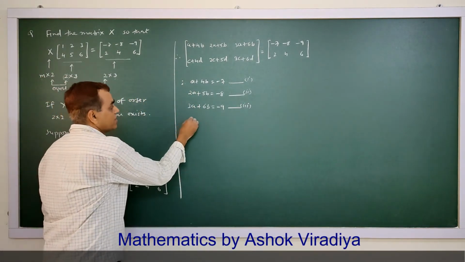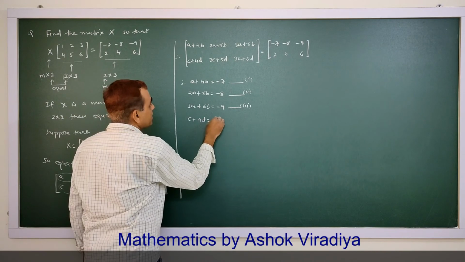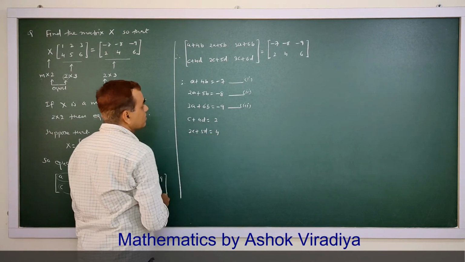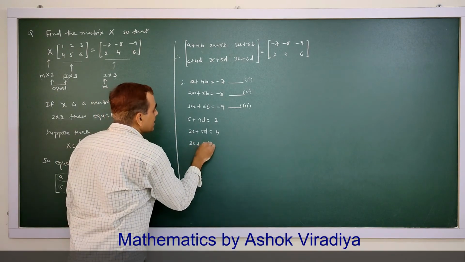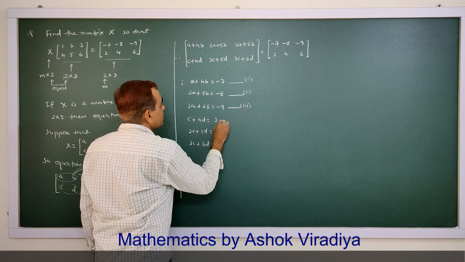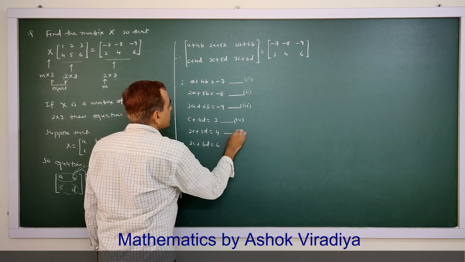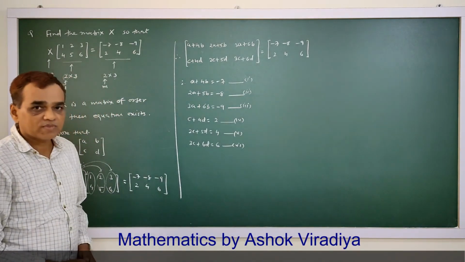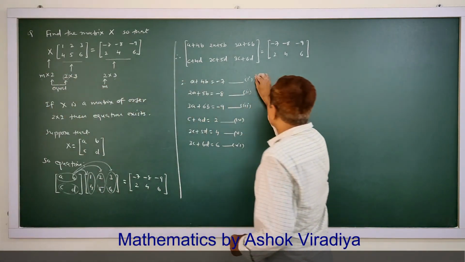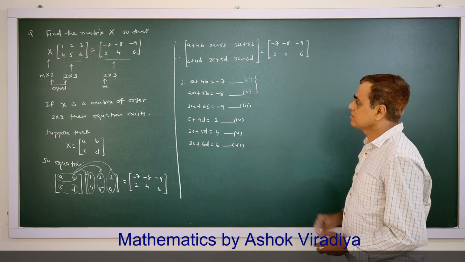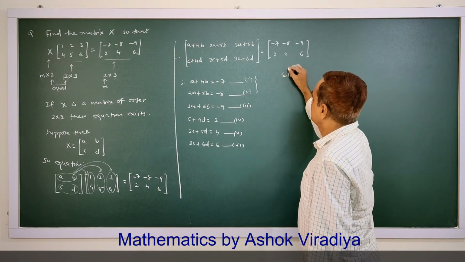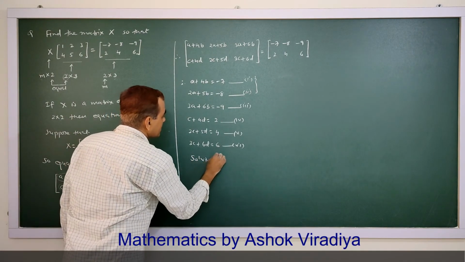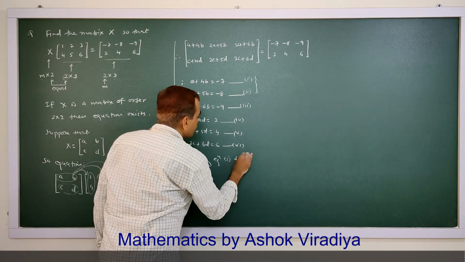Then the fourth equation, C plus 4D is 2, 2C plus 5D is 4, 3C plus 6D is 6. So these are equations 4, 5 and 6. Now we solve these equations, solving equation 1 and 2.